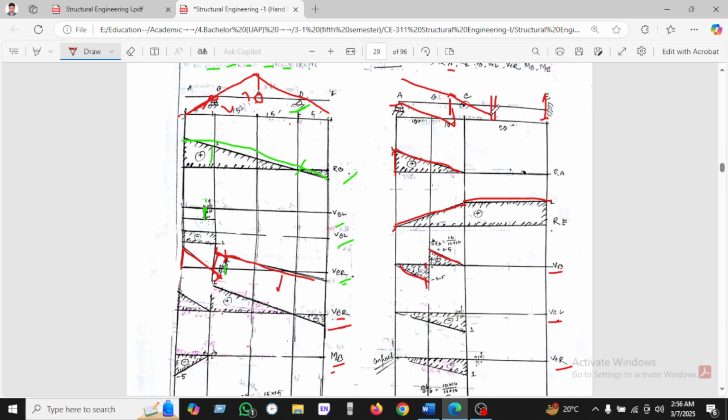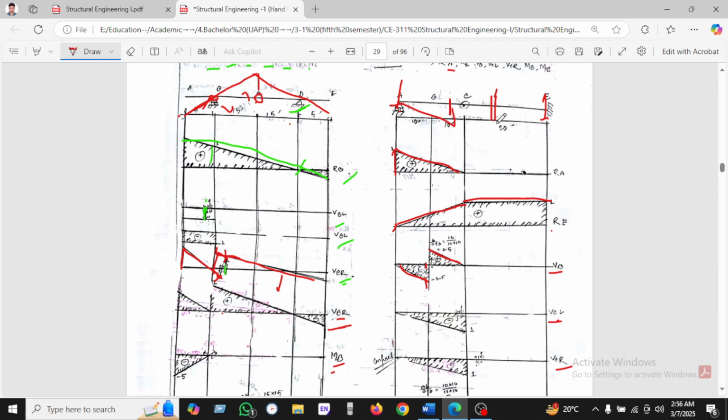And BCR, if you cut here, then what will happen? The portion will go there and the right portion will not change. Okay, so it will not act like that as this is the sequence.